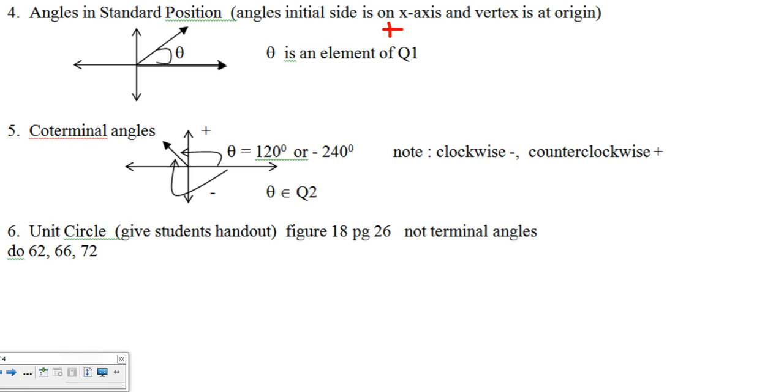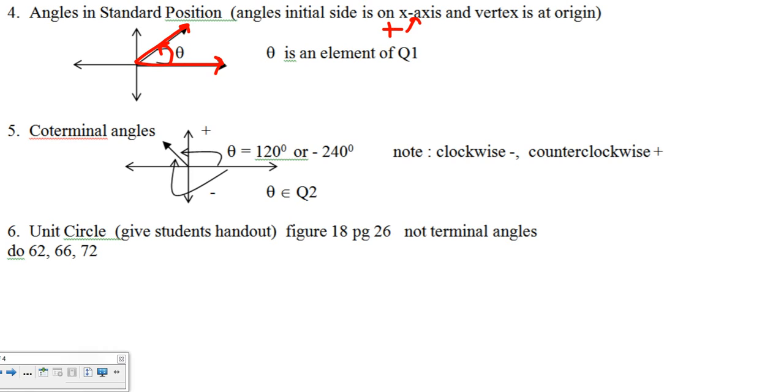So we're looking at the positive x-axis, which means I start with that ray, and from that ray I draw in the angle. Notice on this angle theta, I am starting with that ray and going up in the direction of counterclockwise. When I draw that angle, it's counterclockwise, and therefore it's a positive angle.